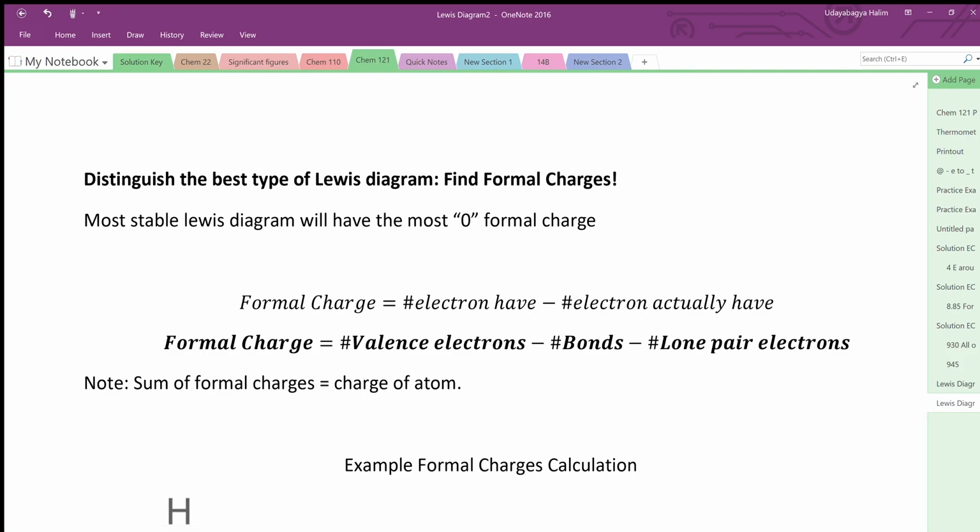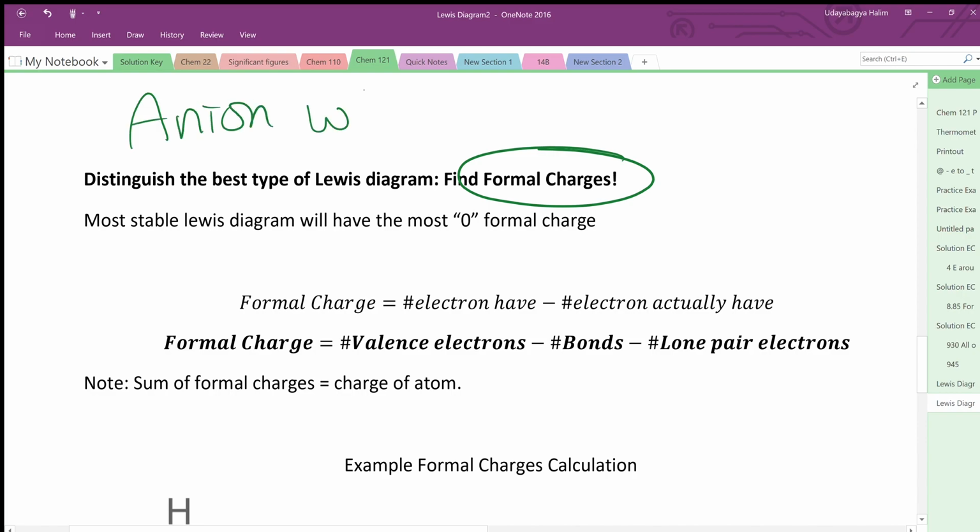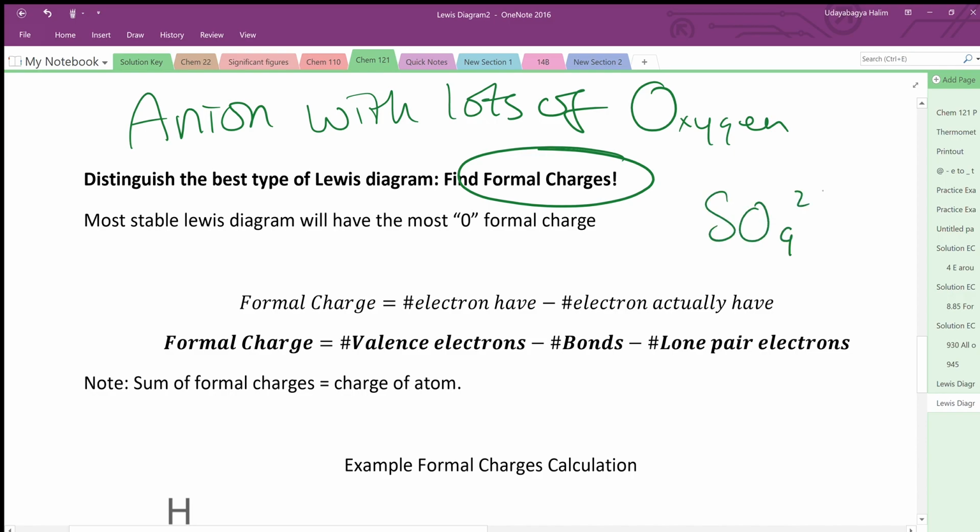So the best time to calculate formal charges is when you have an anion with lots of oxygen. For example, SO4 2 minus is one where you probably have to calculate the formal charge to figure out which one is the best.